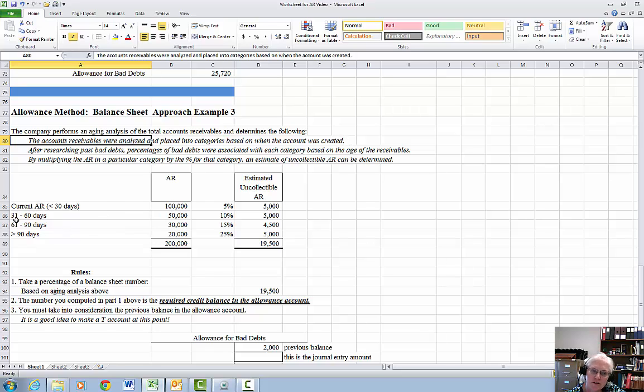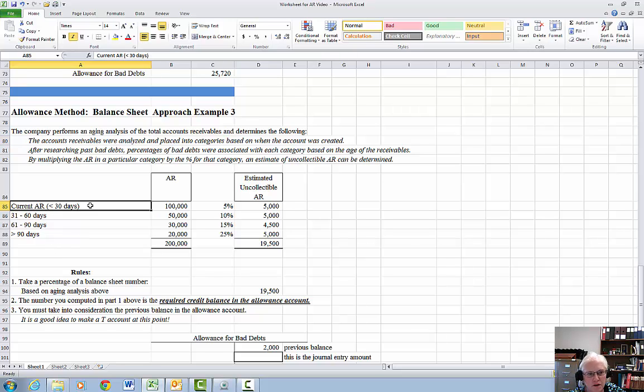Usually they do it in the form of ages. So we have current accounts receivable that are not due yet, and I just made up numbers, 100,000. We have accounts receivable that are 31 to 60 days old, so between 1 and 2 months old. I made up the 50,000 again. Then we have up to 3 months old, and we have over 3 months old.